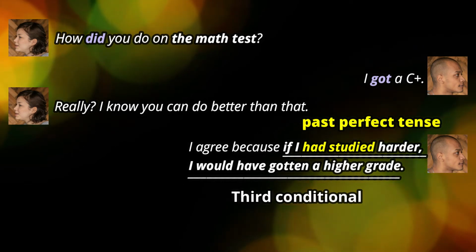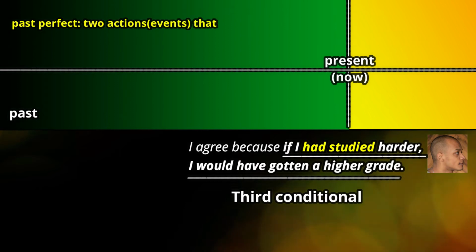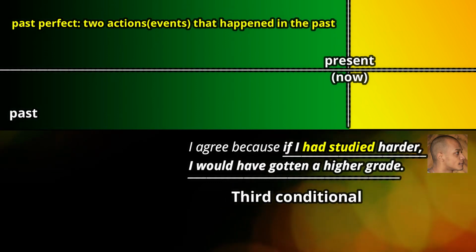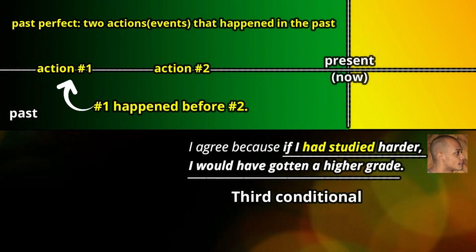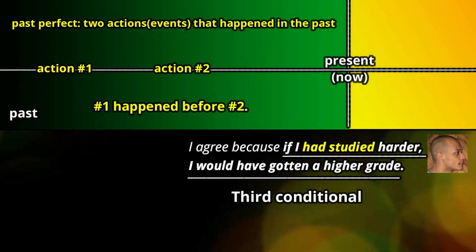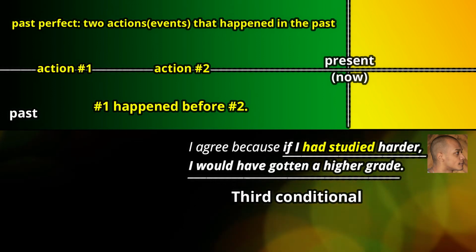So first, remember, the past perfect tense is talking about two actions that happened in the past. One happened before the other, and we use the past perfect tense to describe exactly which one happened first. So when the man uses the third conditional here and says, "If I had studied harder, I would have gotten a higher grade," he's saying that the first action in the past, in his hypothetical past, right?